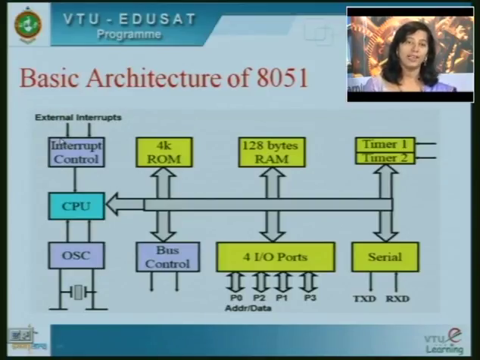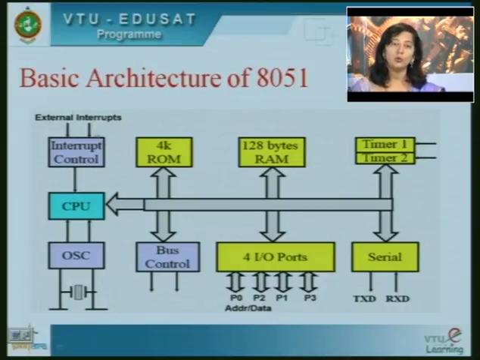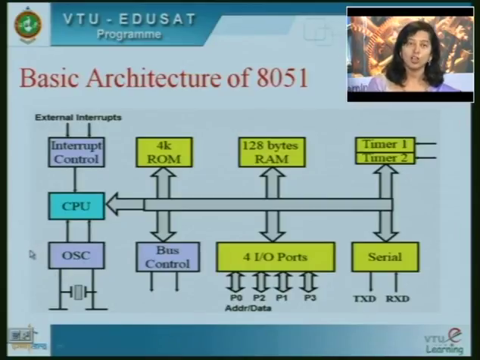Which one should get the first response, which one should get next. We have 5 interrupts together, 3 internal and 2 external. Then we have the CPU, the main heart of the unit, the central processing unit, which does all arithmetic and logical computations.